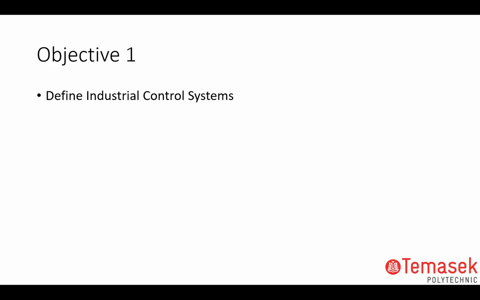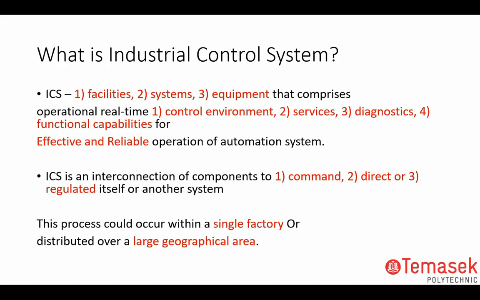So let's take a look at what an industrial control system is. Very simply, it is a facility, a system, or a piece of equipment. It can be a large facility, a very complicated system with many things connected together. It can be room size, or it can be an individual component.